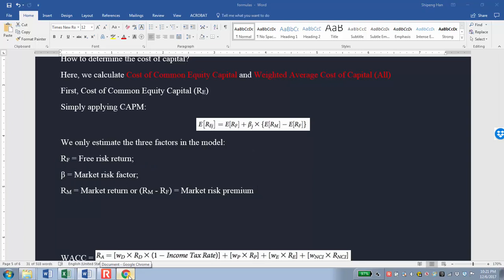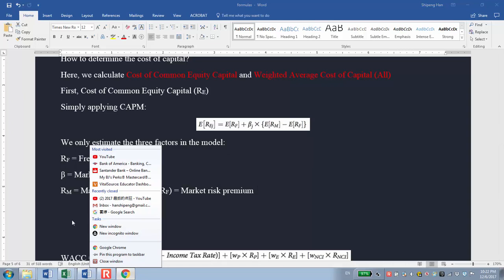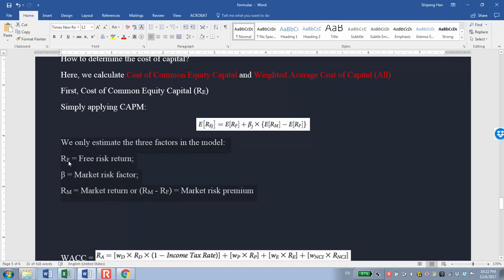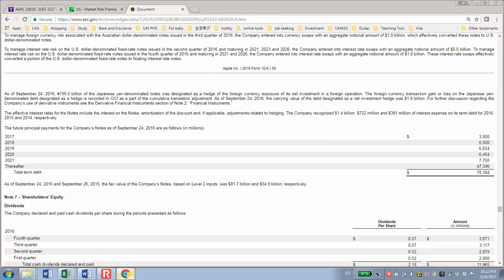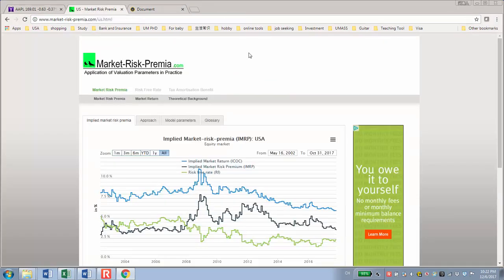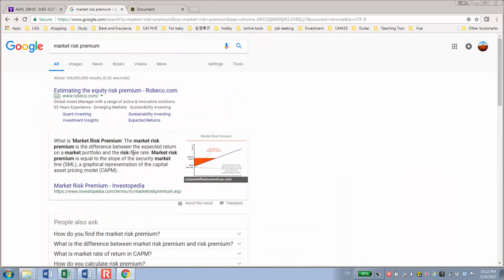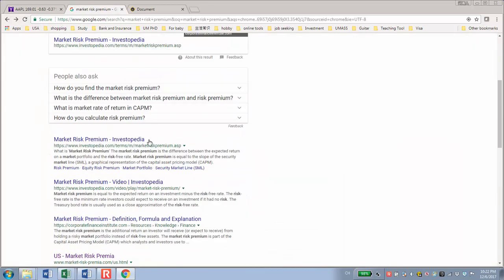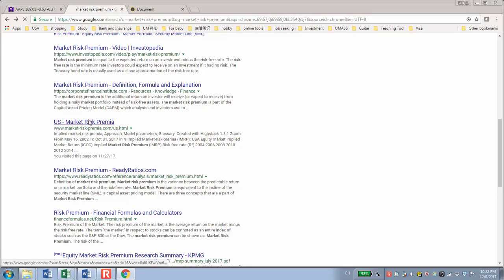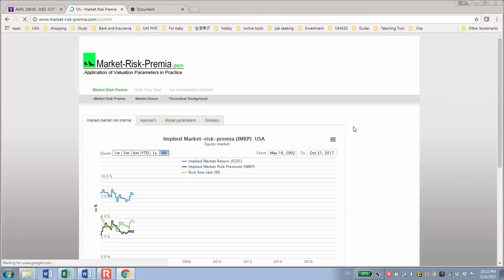First, risk-free return and market risk premium, the RF and RM. You can go to this web page. You can just search market risk premium and you can find this web page.